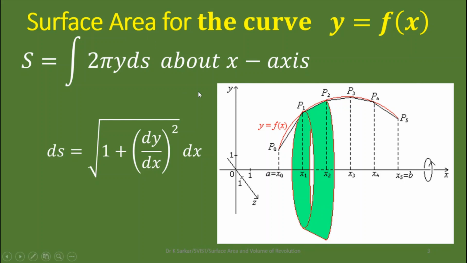In the diagram, you see the red curve is the function y equals f(x), and P0, P1, P2 up to P5 are the points on the curve.